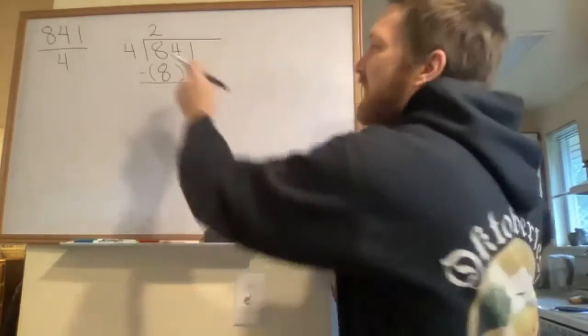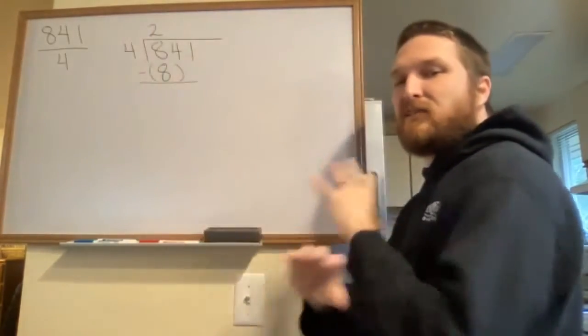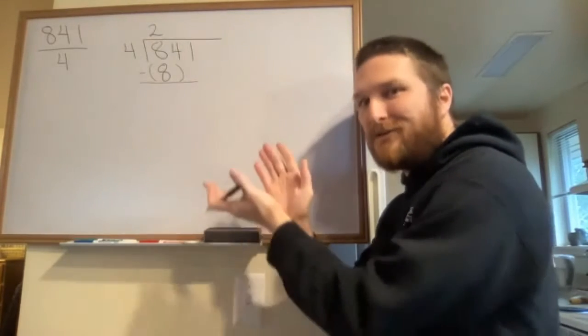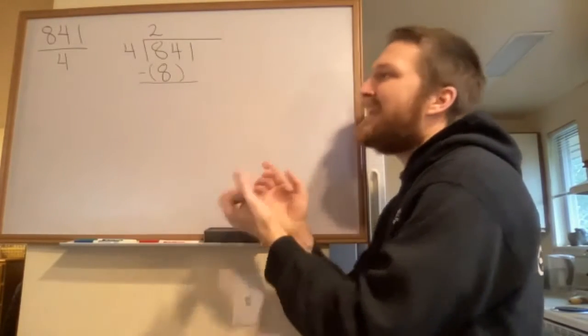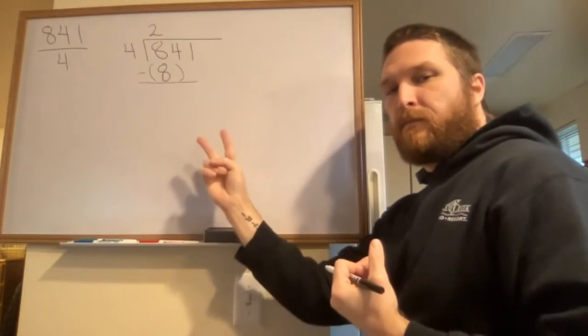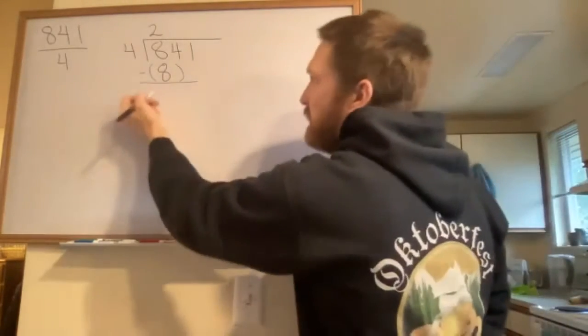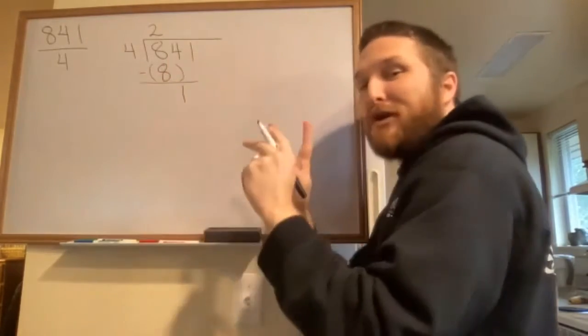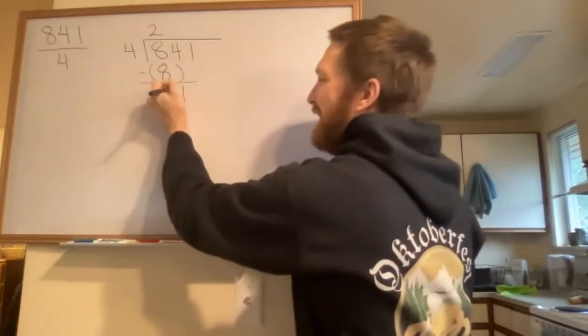So we take 8 minus 8 is gone, right? That's kind of the idea. We're trying to get rid of it as best as we can. Then you put a 0. And then you have the 4 and the 1, and they drop down, right? That's how it's usually set.